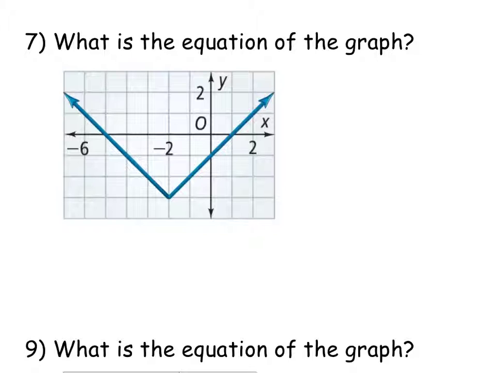So the first thing we need to do, after we decide which function we're dealing with, is write down the general form for an absolute value function. It's written up on the board already. Y equals a times the absolute value of x minus h, plus k.